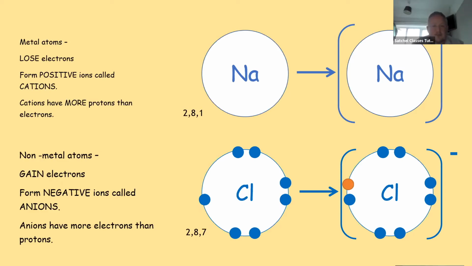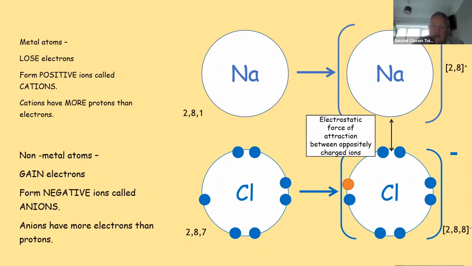That positive and negative charge are opposites, and that opposite charge causes an electrostatic force of attraction to occur. And this causes the formation of what we call an ionic bond. An ionic bond is a bond due to that electrostatic force of attraction between two oppositely charged particles, in the same way that two opposite poles of a magnet will attract.